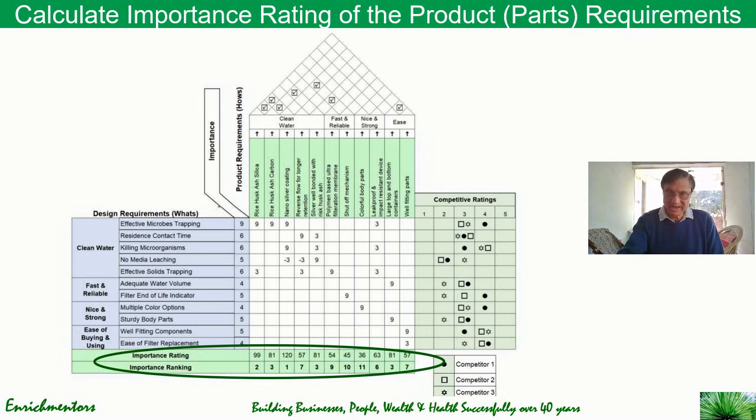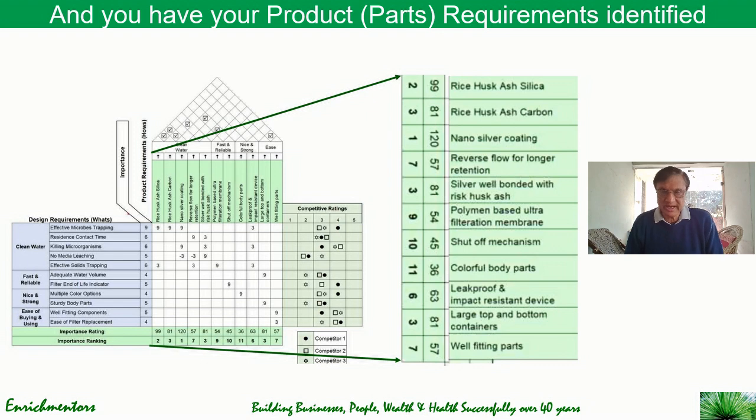Once we have done that, we have the parts requirements identified, as you see on the screen on the right-hand side. What we see here is a list of requirements that we need to have, like rice husk ash silica, rice husk ash carbon, reverse flow as a process requirement, silver wet bonded with rice husk ash, etc., and colorful body parts. So we determine all the parts requirements that we need to deliver those design requirements.